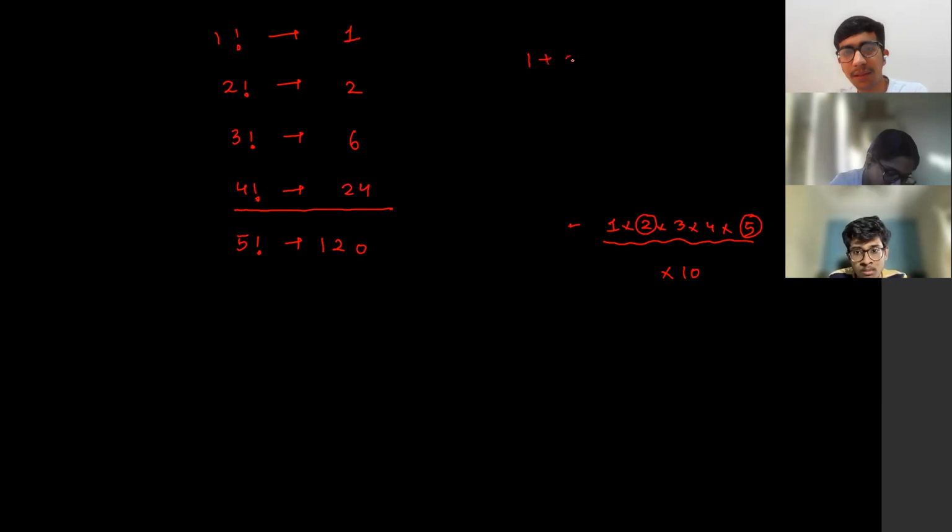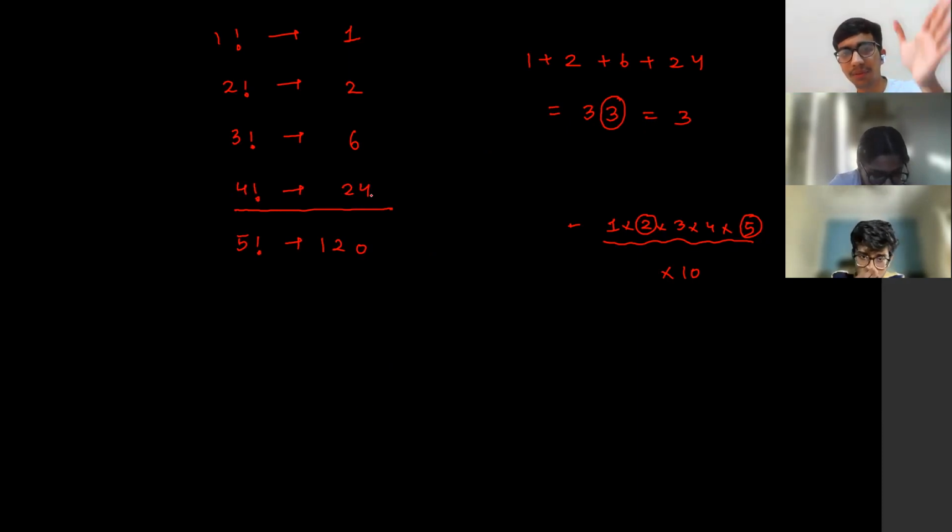So I have to calculate 1 plus 2 plus 6 plus 24. How much is this? 33. So इसका unit digit क्या है? 3. So 3 is the final answer because for every other term I'll have the unit digit 0, 0, 0. So 3 plus 0 is of course 3, right? So the catch was कि 5 factorial या 5 factorial के बाद वाले जो भी terms हैं they will have the unit digit as 0 itself.